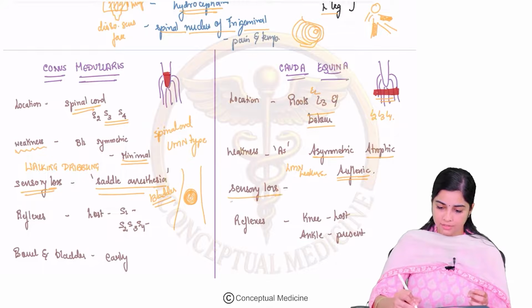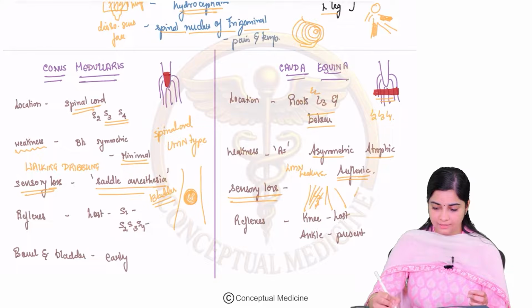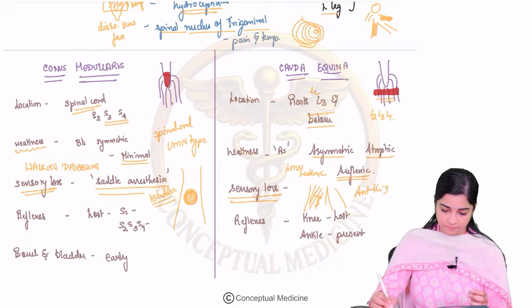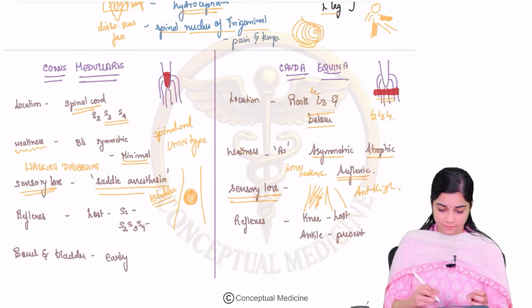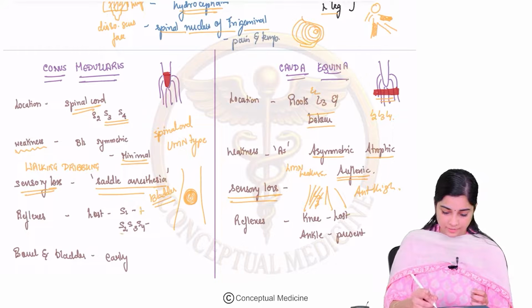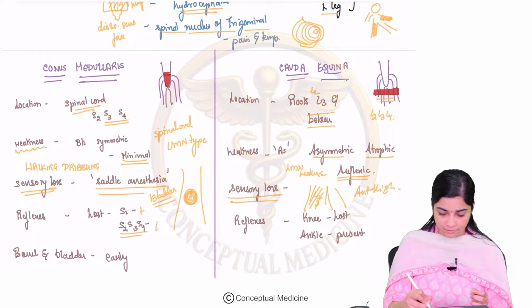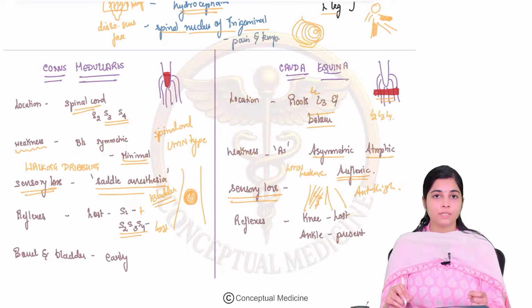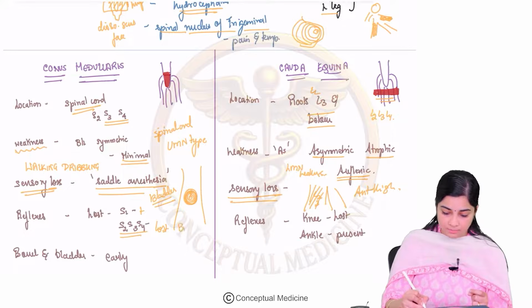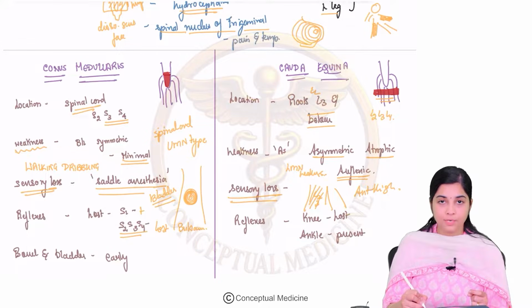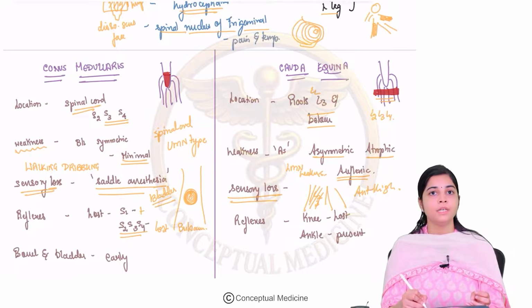The sensory loss for cauda equina is around the L2, L3, L4. So, it is predominantly along the anterior aspect of the thigh. When it comes to the reflexes, right, S1 will be present, S2, S3, S4 will be lost. So, what type of reflexes will be lost? The bulbocavernosus reflex in a male patient will be lost.